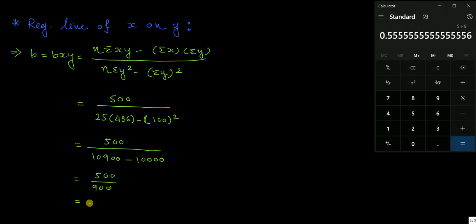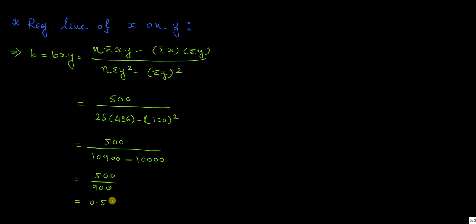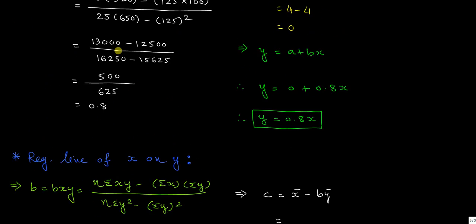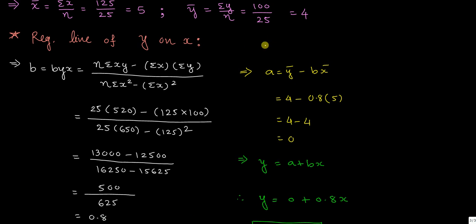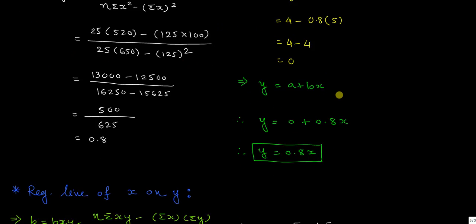It is equals to 0.56. B equal to 0.56. Now find out c. Okay, હવે અહીંયા ભૂલ નહીં કરીએ આપણે. C equals to x bar minus b y bar. So x bar is equals to I think 4 કે 5 છે. X bar 5 and y bar 4.